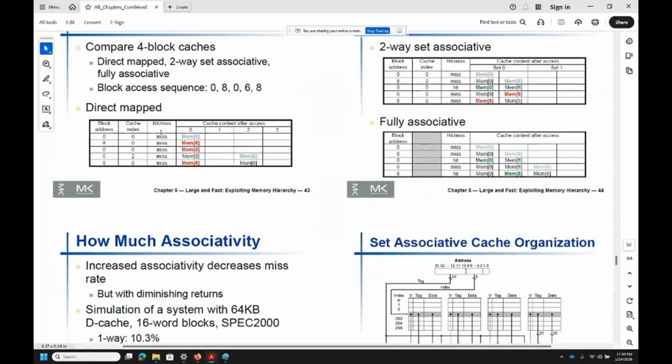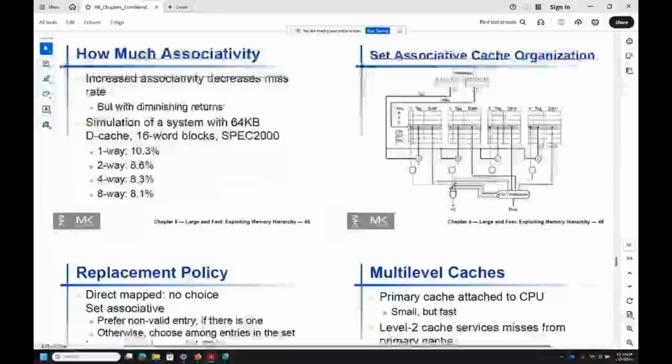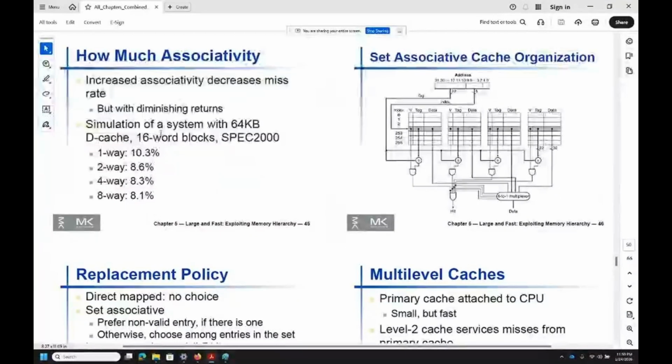For fully associative, the problem is that for each and every data access, you need to search the entire cache. And searching the entire cache is either slow, because you have to search one element at a time, or expensive, because you have to build special hardware that can compare all of the values in the cache all at once.